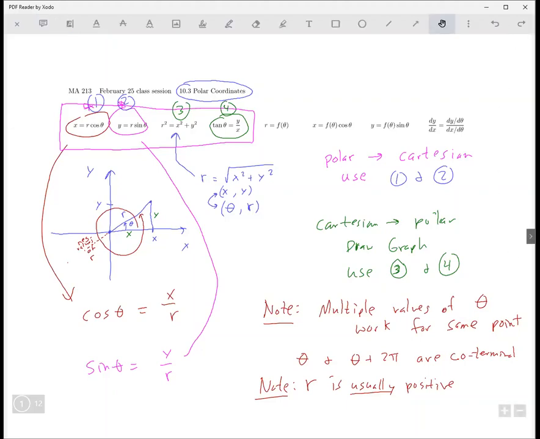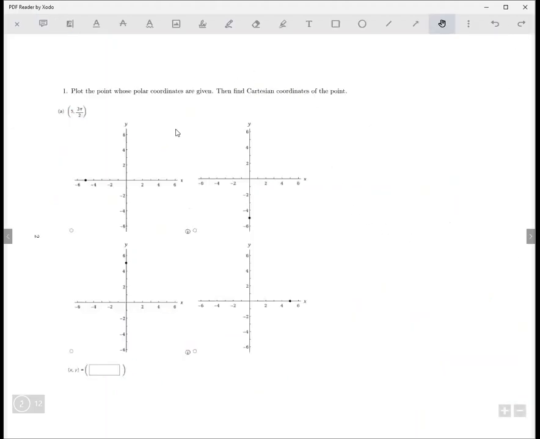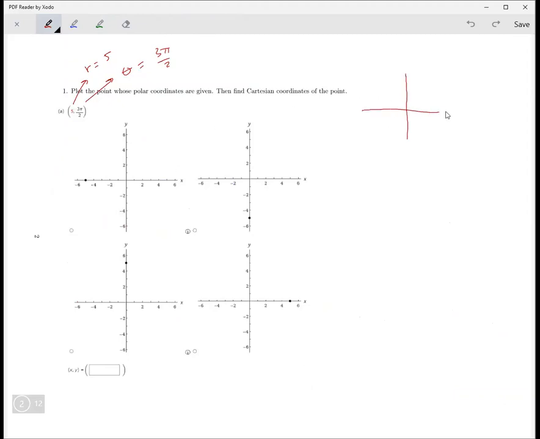Okay, let's get into some exercises. First of all, we plot the point whose polar coordinates are given. So r is 5, and theta is 3 pi over 2. Theta is the angle that it makes with the positive real axis in the counterclockwise direction. So 3 pi over 2 is this angle right here.